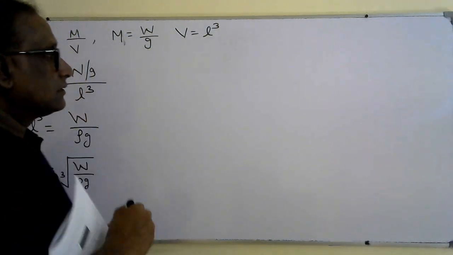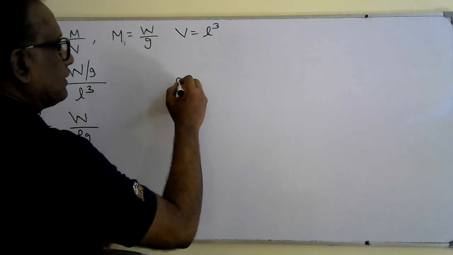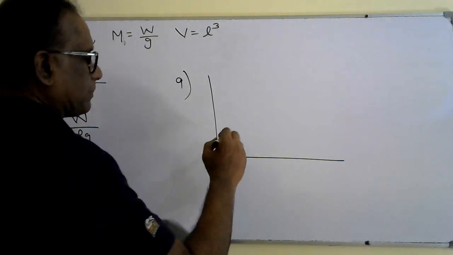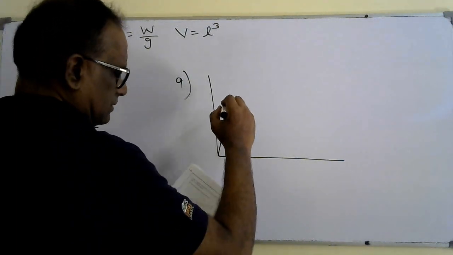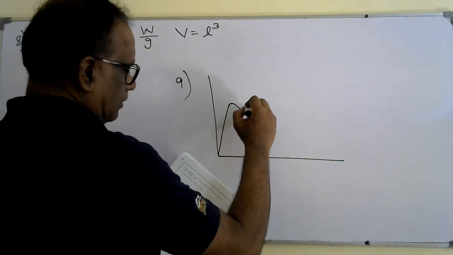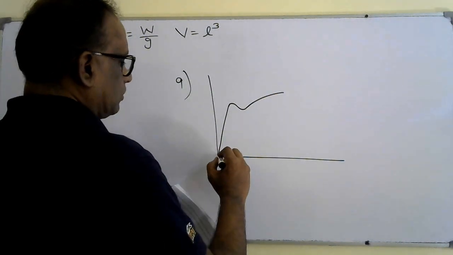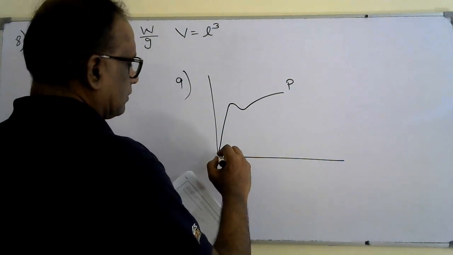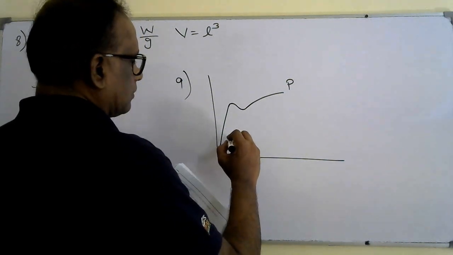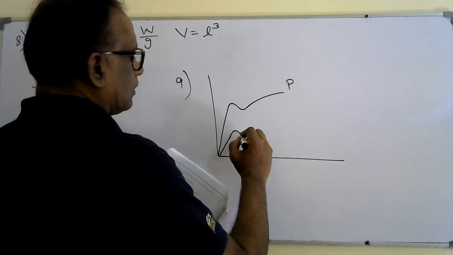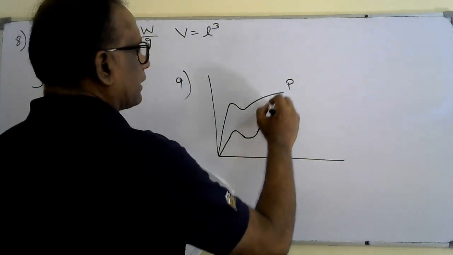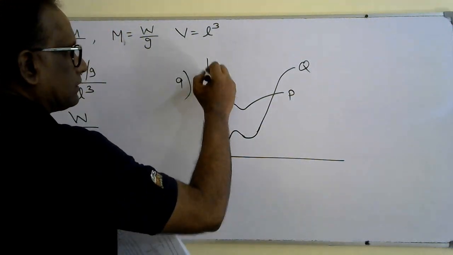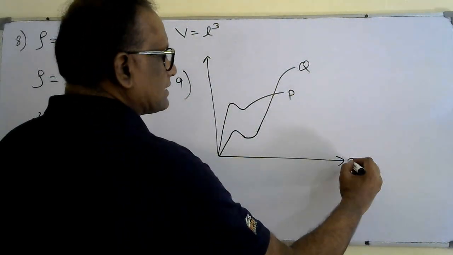It is difficult to draw exactly the same graph, but something like this for P, and Q is drawn like this. This is stress and this is strain.